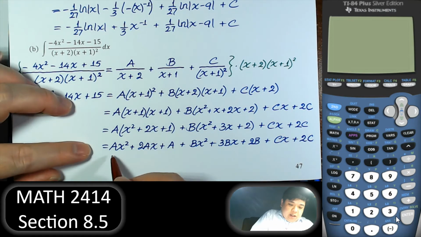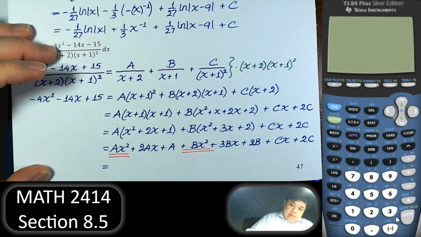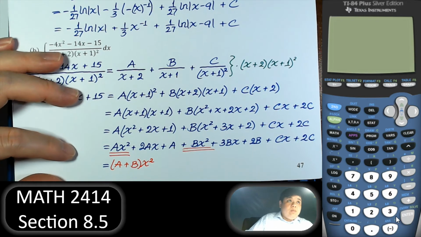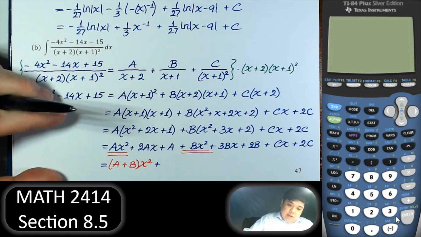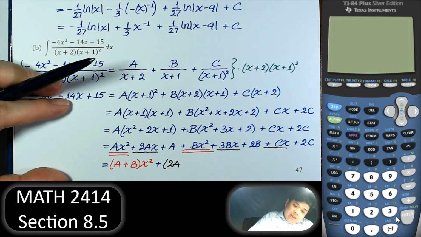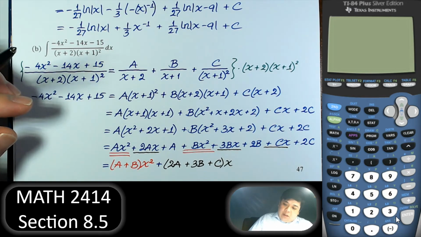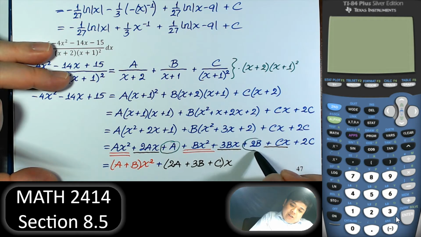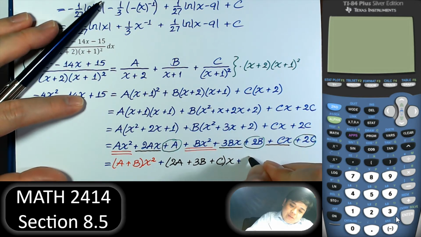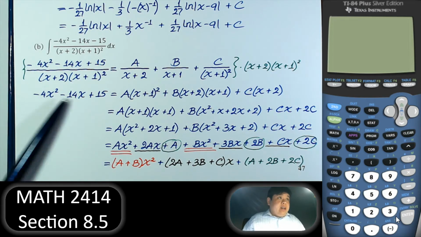Combine like terms. ax squared is x squared, a plus b, two ax, 3bx and cx, and then so looks like there's a constant here. And then on the left hand side we still have that.